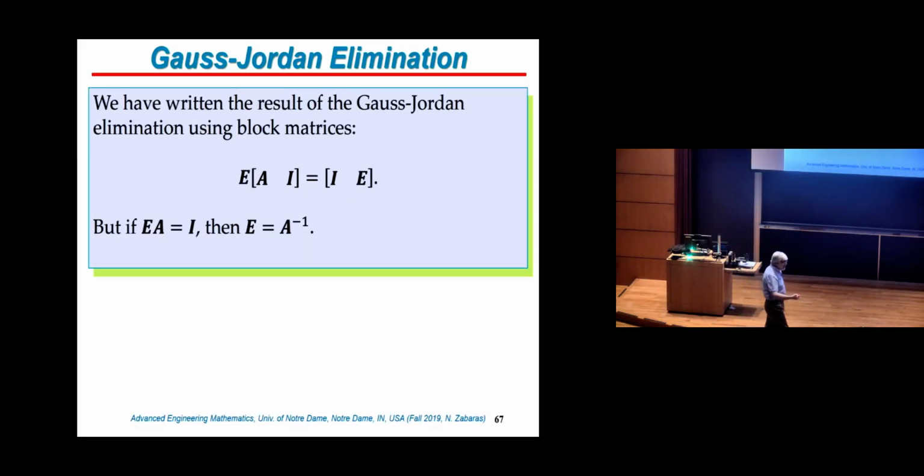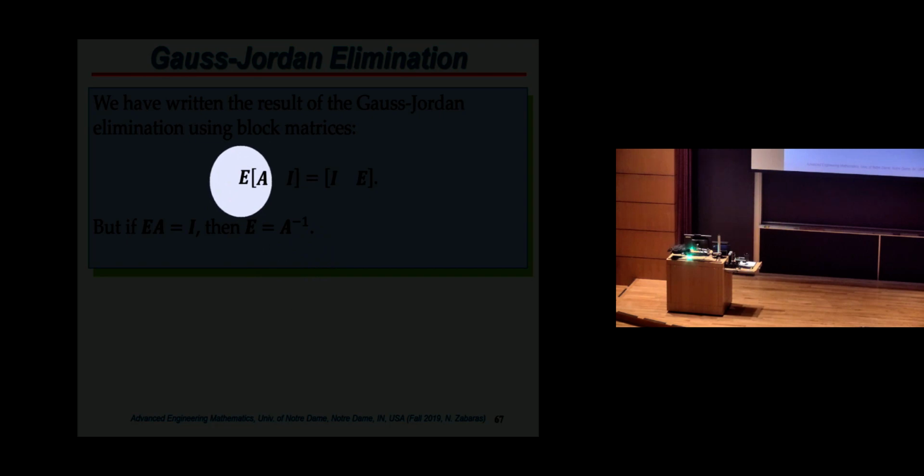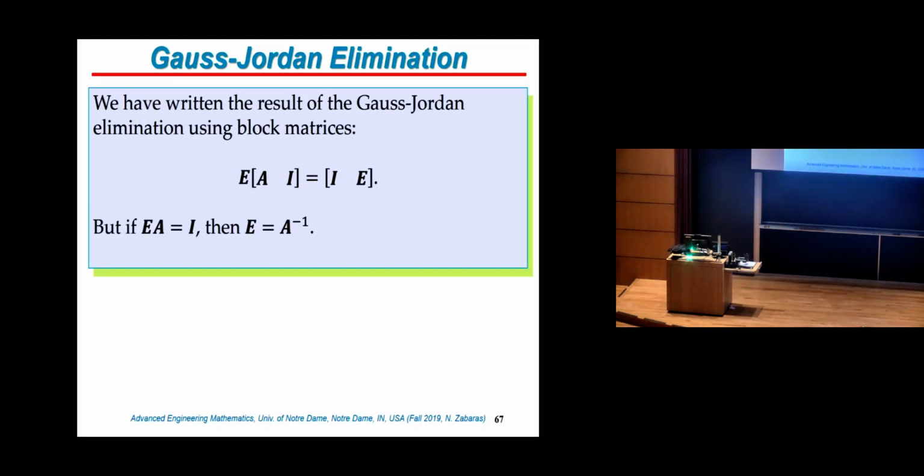We're going to apply these elimination matrices that we learned from lecture 4, okay? And we're going to apply combinations of rows, right? That's what elimination is, in a way that multiplying from the left the matrix A with the matrix C is going to make the matrix A the identity matrix.